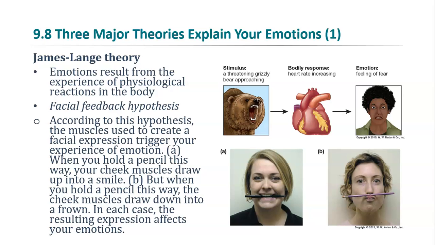This was tested in 1974 in the classic experiment by Laird. He had people hold a pencil between their teeth or above the lips in a frown, and found that people expressed emotions that were consistent with the smile or frown that they were holding in their face. So you were getting some feedback from the body, and it told you what emotion you were feeling.